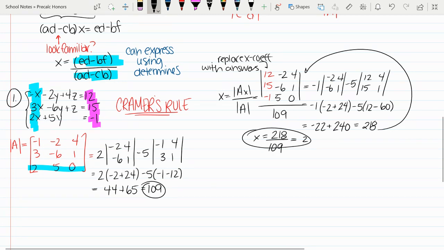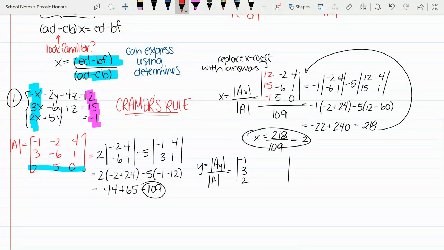All right. So now for y, I'm going to do the exact same thing. So y equals, this time we're going to have Ay over our coefficient matrix determinant. And this time I'm replacing the y coefficients.